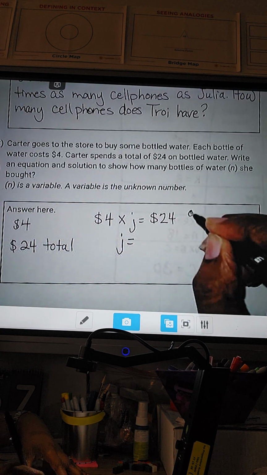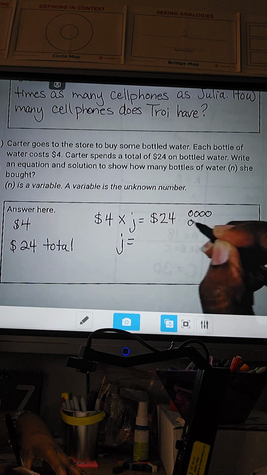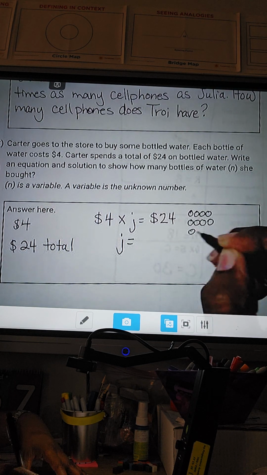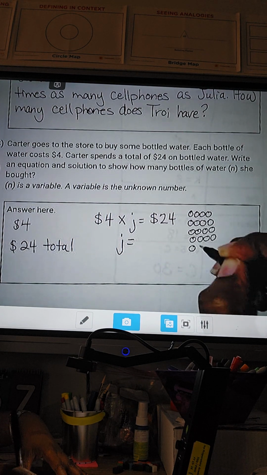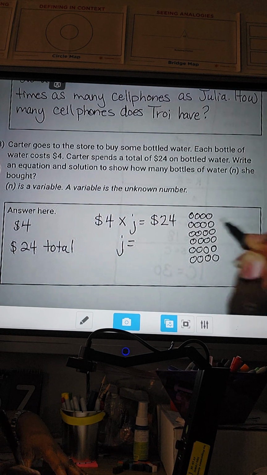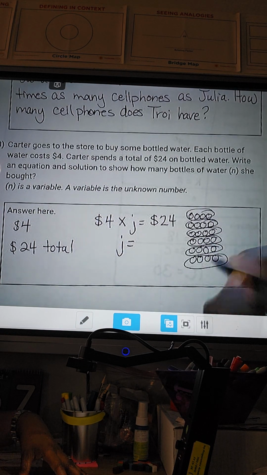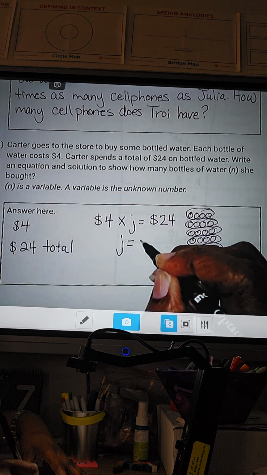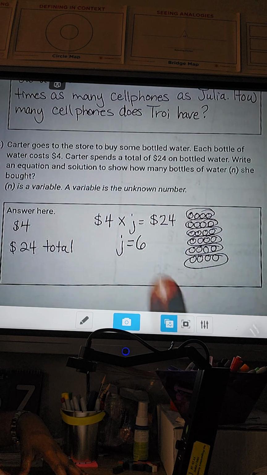Or I do groups of 4 all the way to 24. 1, 2, 3, 4, 5, 6, 7, 8, 9, 10, 11, 12, 13, 14, 15, 16, 17, 18, 19, 20, 21, 22, 23, 24. And I have 1, 2, 3, 4, 5, and 6 groups, which means that I know that she bought 6 bottles of bottled water.